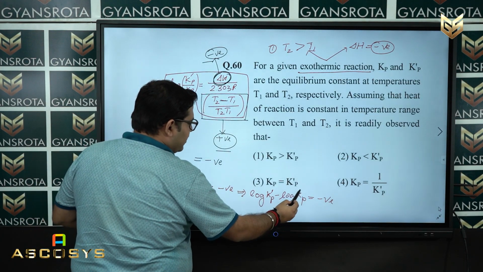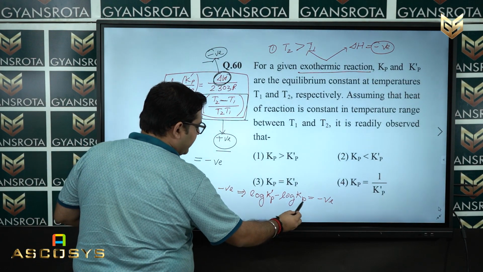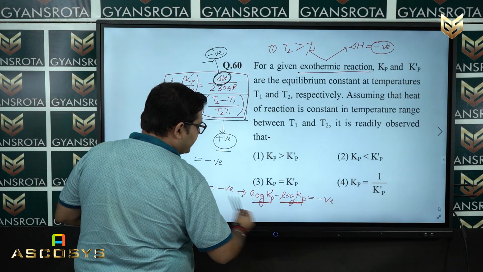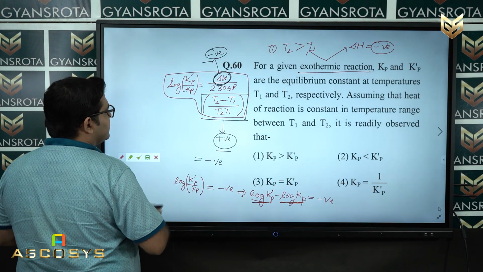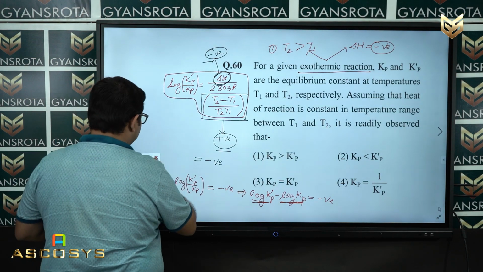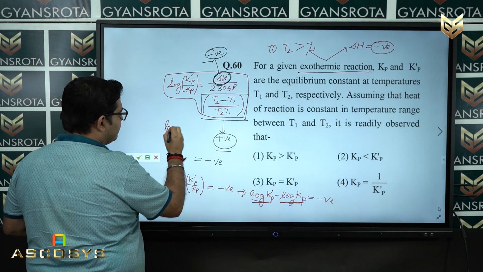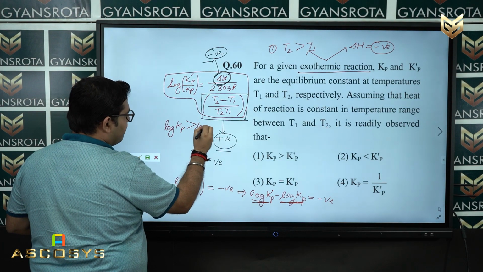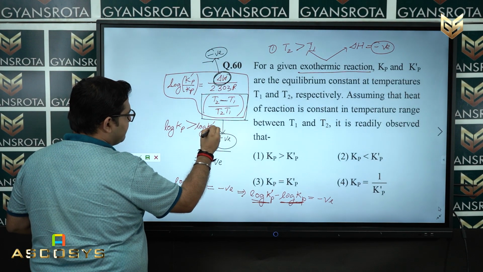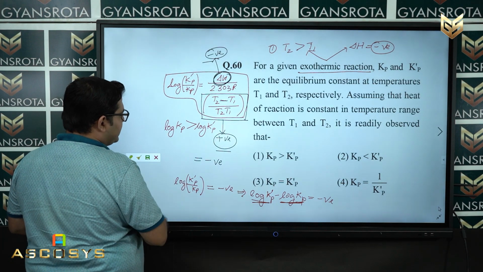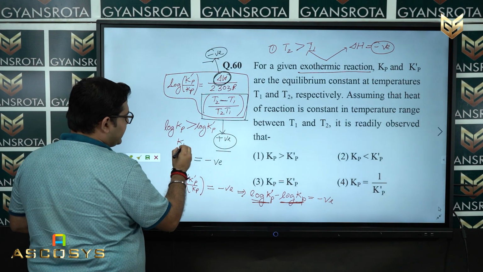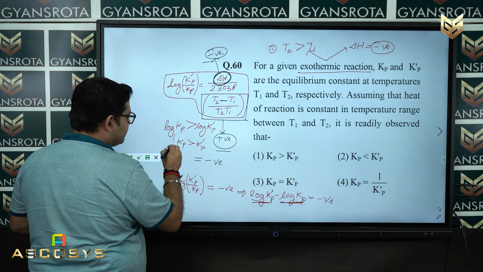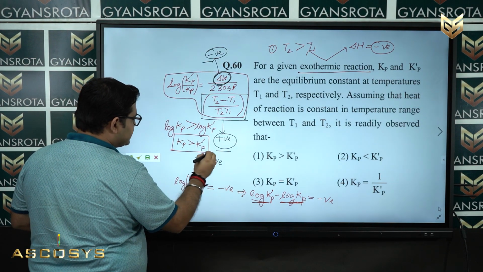Now, the value is negative when log Kp is greater than log of K dash P. So, we can write log of Kp is greater than log of K dash P, and removing the log, we obtain Kp is greater than K dash P, and this is the answer.